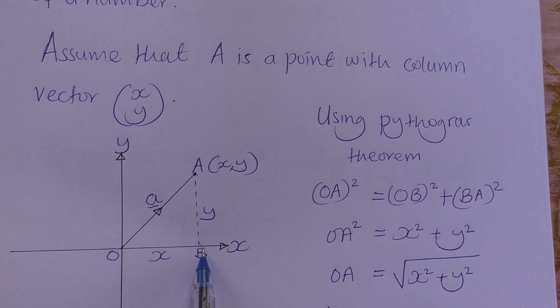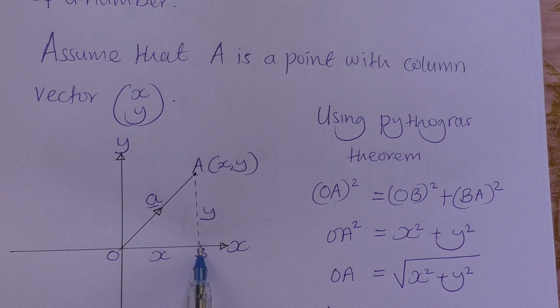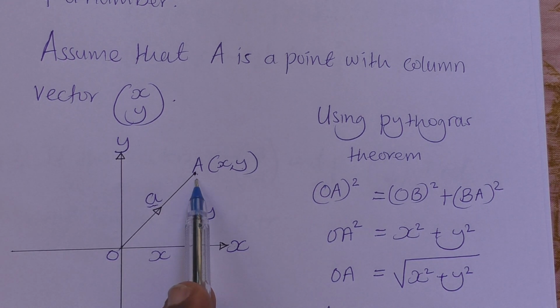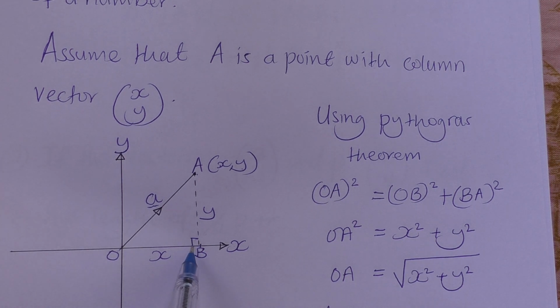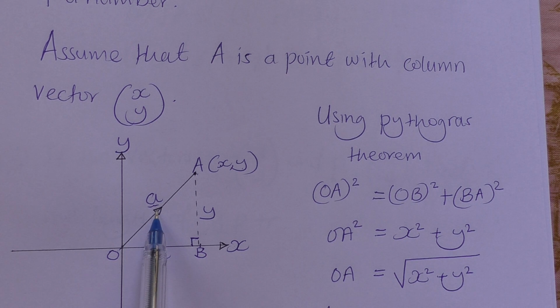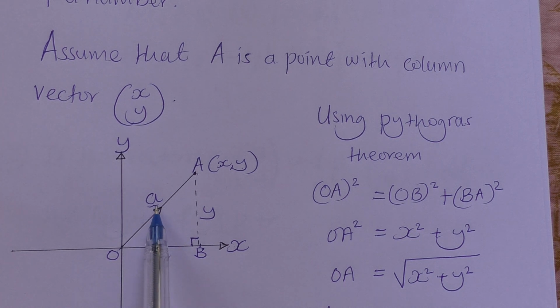Therefore, if we are to find its magnitude, we have the horizontal displacement from the origin and the y displacement. This gives us a right-angled triangle whose hypotenuse represents the magnitude or the modulus of vector A.